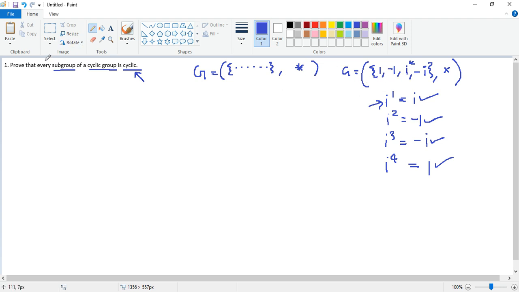So here we are asked to prove the subgroup of a cyclic group is also cyclic. So subgroup means if I denote it by H, it will be a subset of that set, and it will have the same operation.